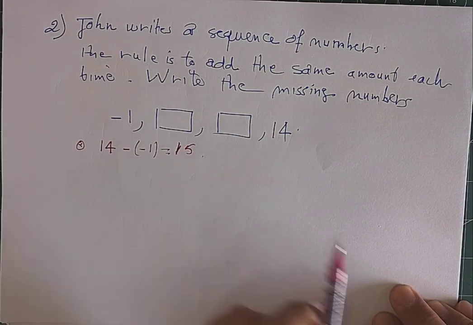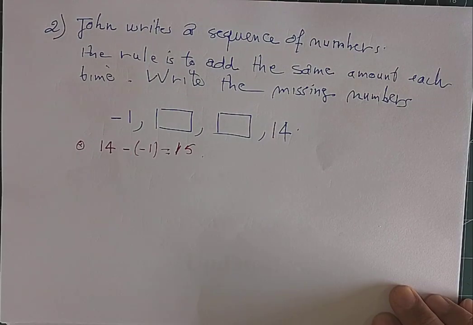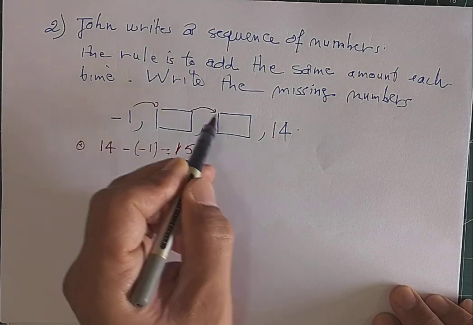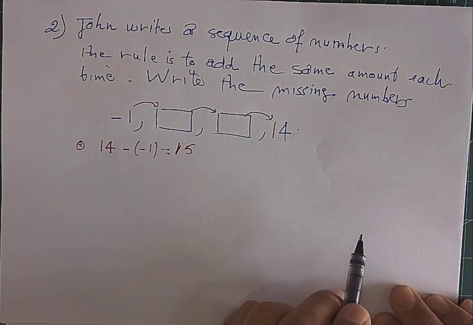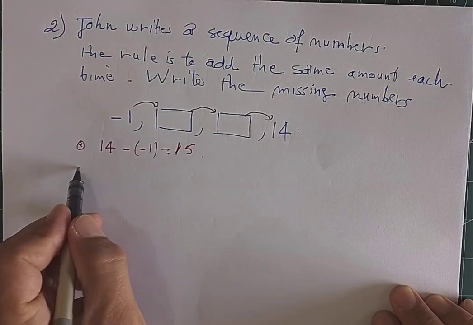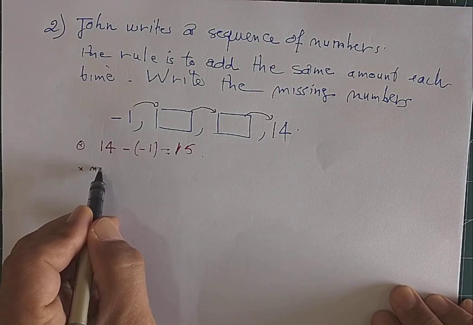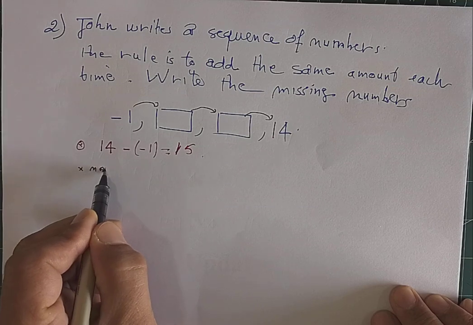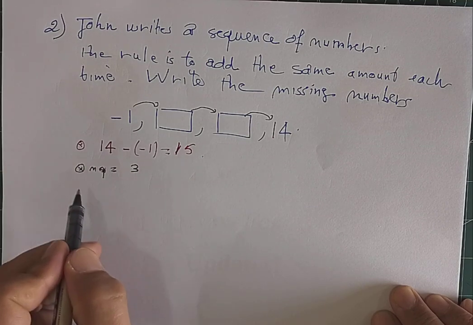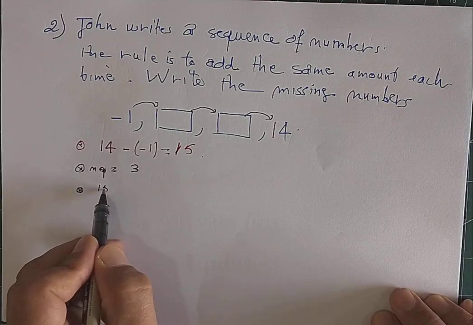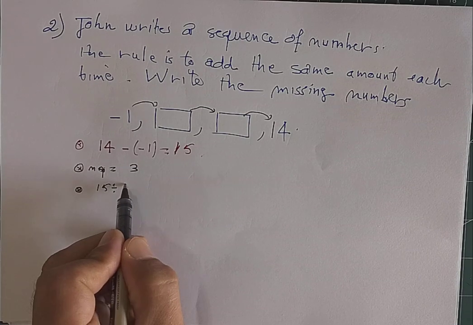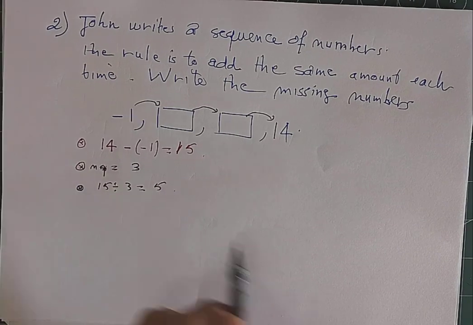So let's count the number of spaces: 1, 2, and 3. 3 spaces. The number of spaces equals 3, so I divide 15 by 3, which equals 5.